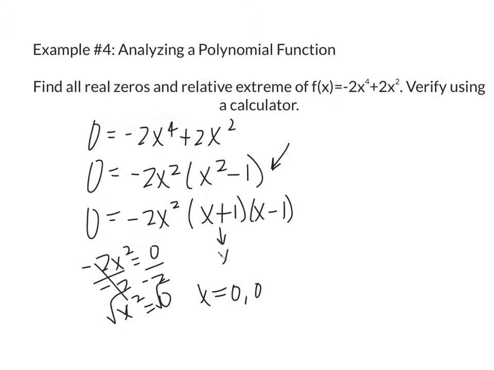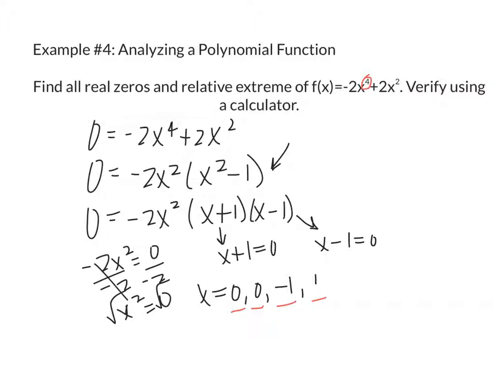If I take this one and set it equal to 0, I would get x equal to -1. If I set this last one, x minus 1 equal to 0, I would get +1. So there are technically 4 solutions here. 0 is counted twice because of the plus or minus. I have a -1, I have a +1. It is okay to duplicate or have more than one 0, okay?